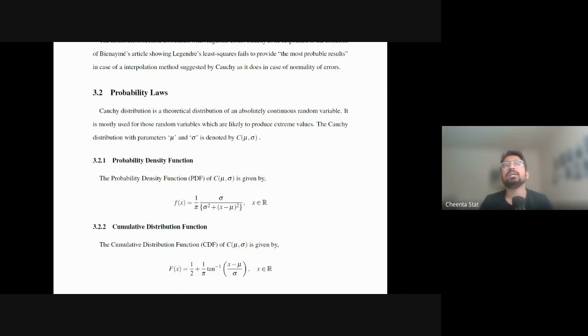Essentially, what I understood is that Cauchy with mu equal to 0 can also be used to model errors.